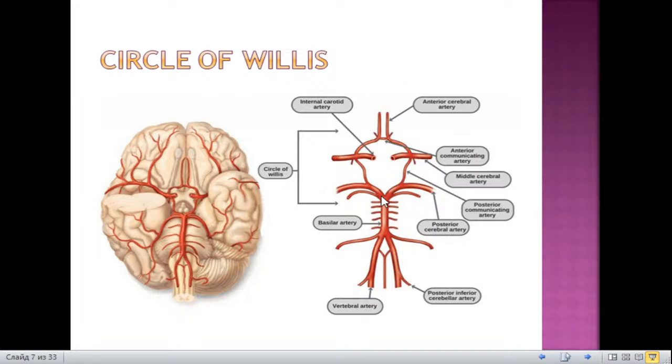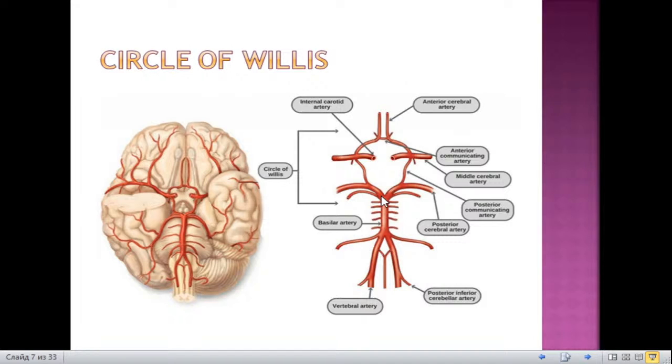Colleagues, it is really important to remember the Willis circle for some reasons. First reason, because the Willis circle is a very important example of collateral circulation. It helps the brain to get uninterrupted blood flow.